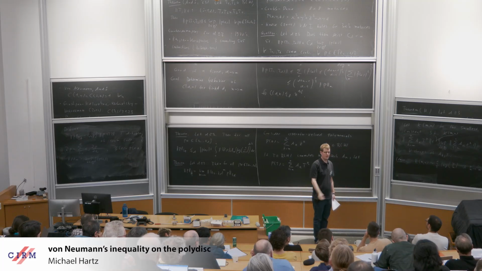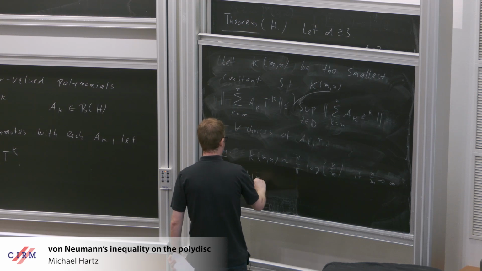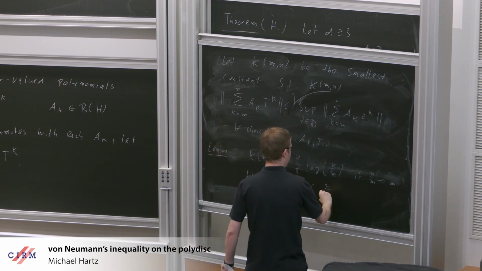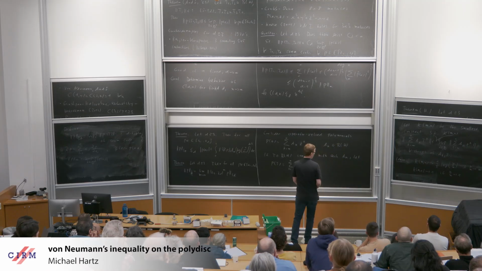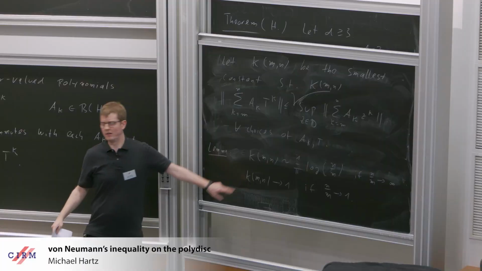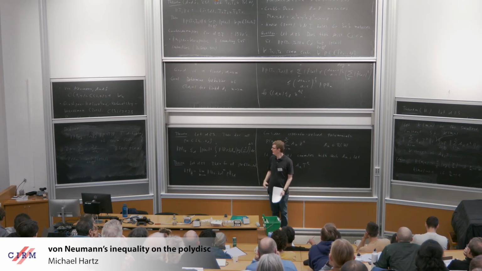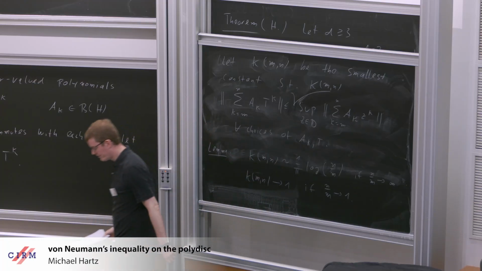And here we have upper and lower bounds. And if you go to 1, then it tends to 1 if n divided by m tends to 1. And the second thing is what is behind this isometric result, and the other thing is what's behind the ones that involve constants.